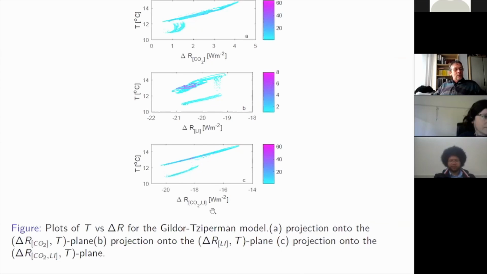If you look at the combination of the two, however, you get a very clear division into two regimes that have different mean sensitivities. And one of the reasons for looking at the energy balance model was to try to understand that at the level of energy balance.